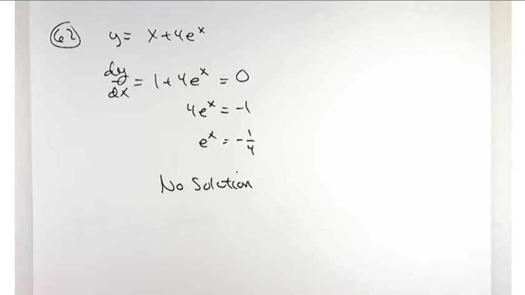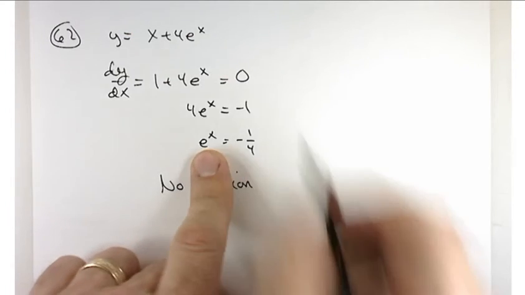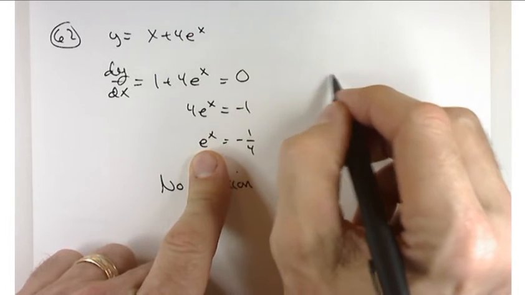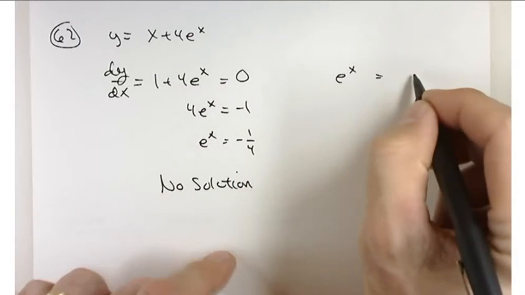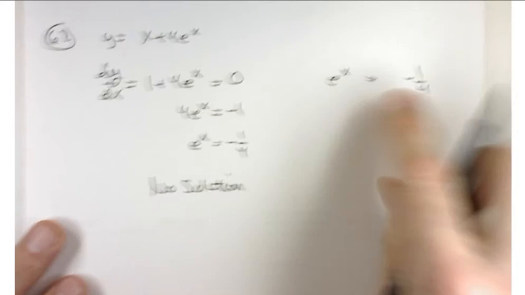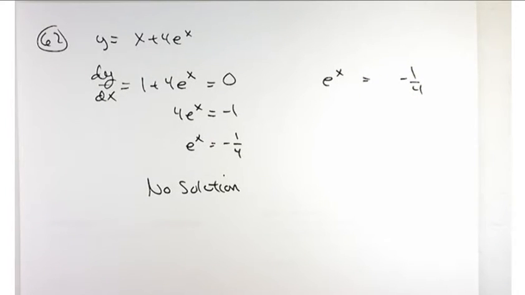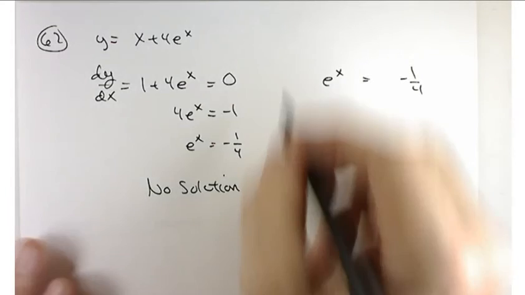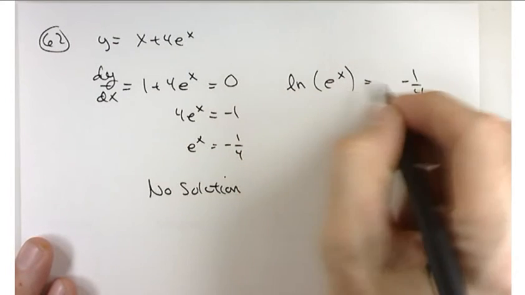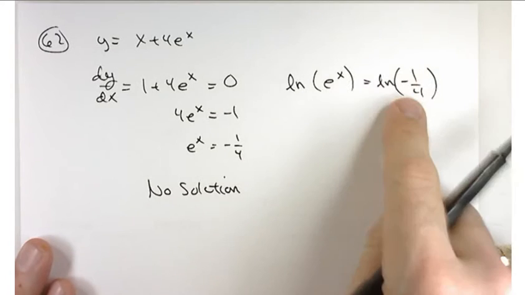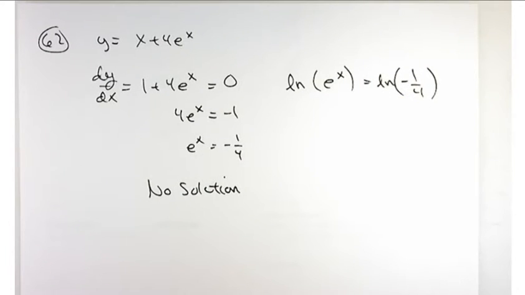That's a great question. I'll give you two different answers. First of all, if I had e to the x equals some number, what would I have to do to get x out of the exponent? Do the natural log. All right, so ln here, ln here. Somebody do me a favor and calculate the natural log of negative 0.25.